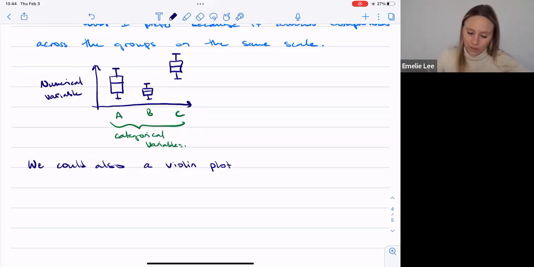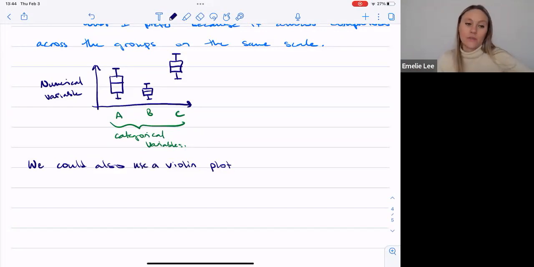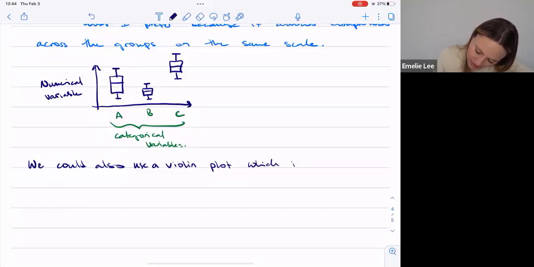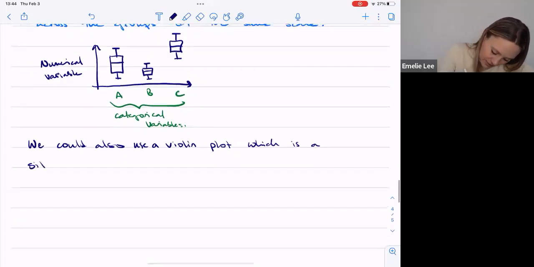So we could also, I'll say use, I missed the word there. We can also use a violin plot, which is a side-by-side box plot.